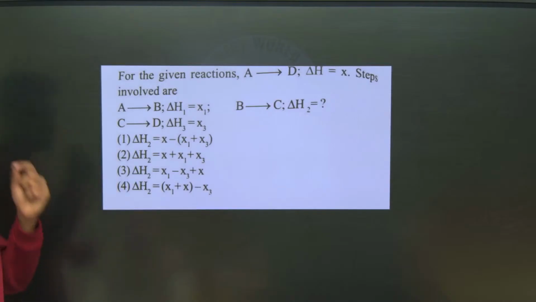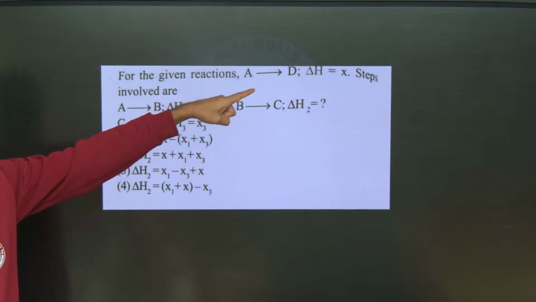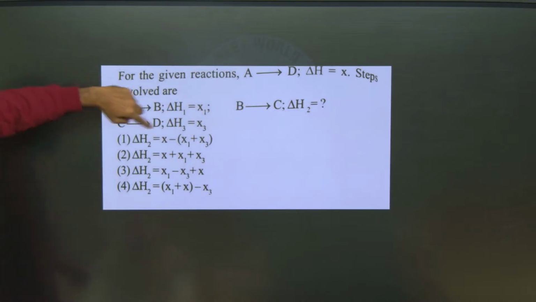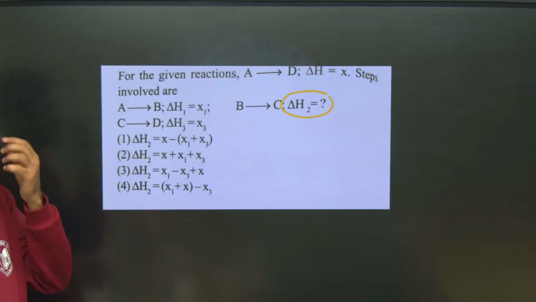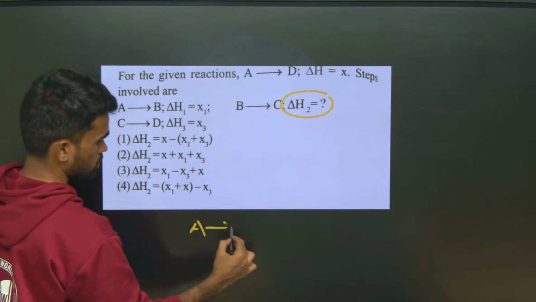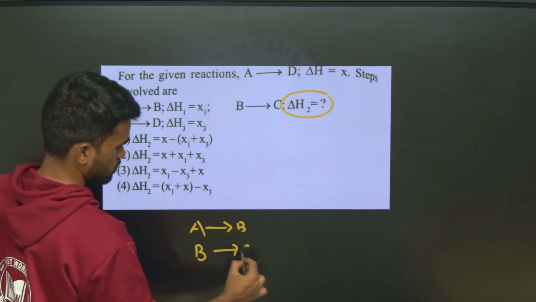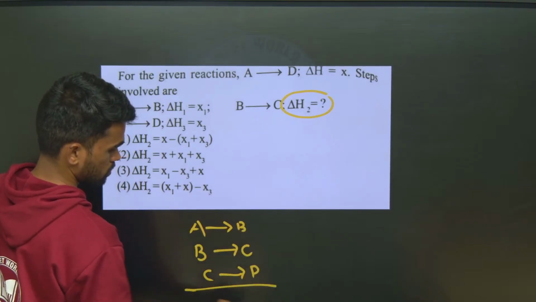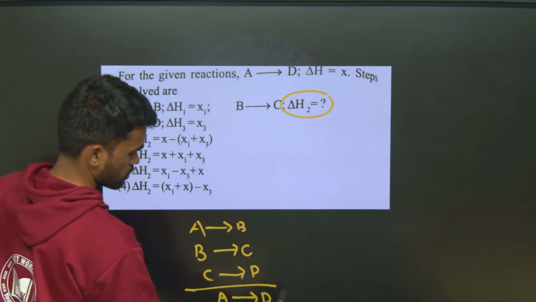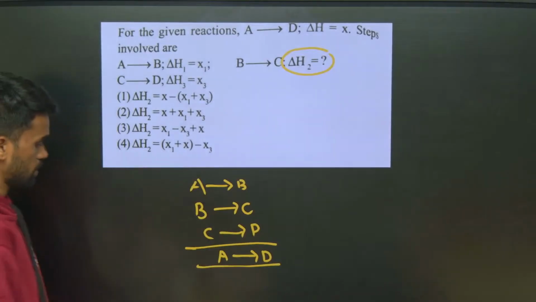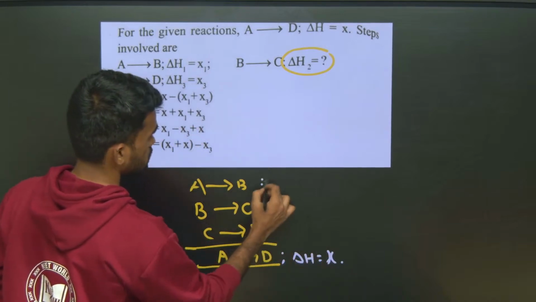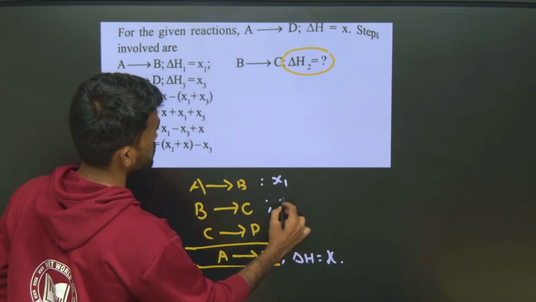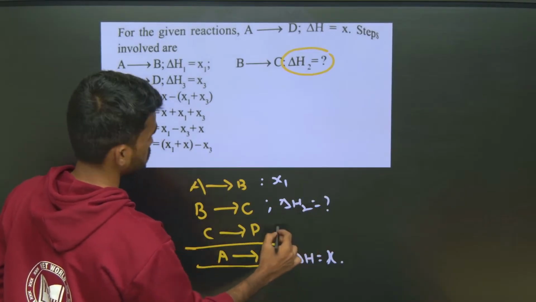A to D. A reaction is taking place from A to D with enthalpy change X, and the same reaction takes place in multiple steps. So tell me delta H2. Here I am saying delta H is X, this is X1, delta H2 we need to find, and this is X3.